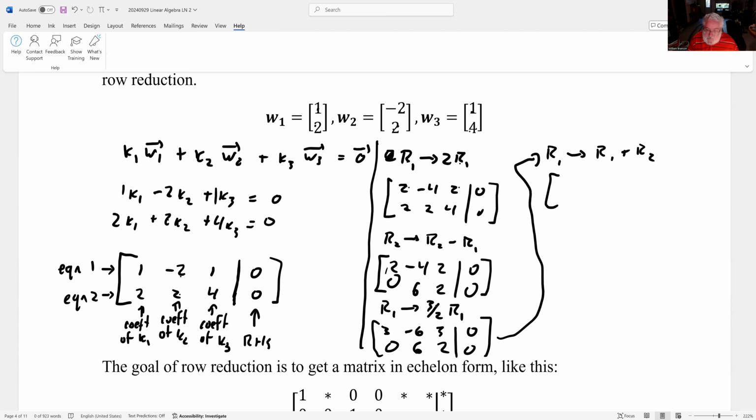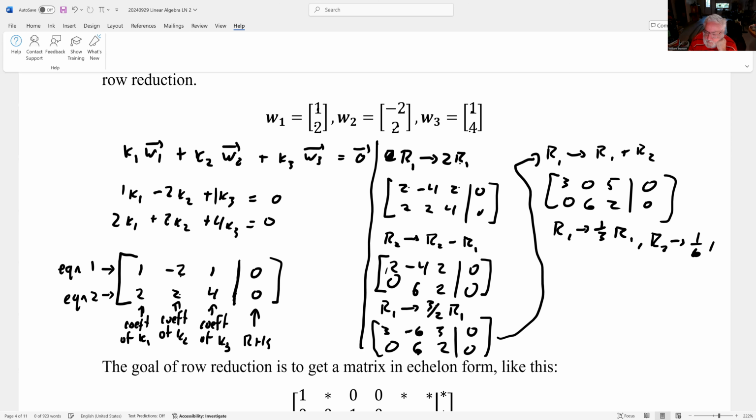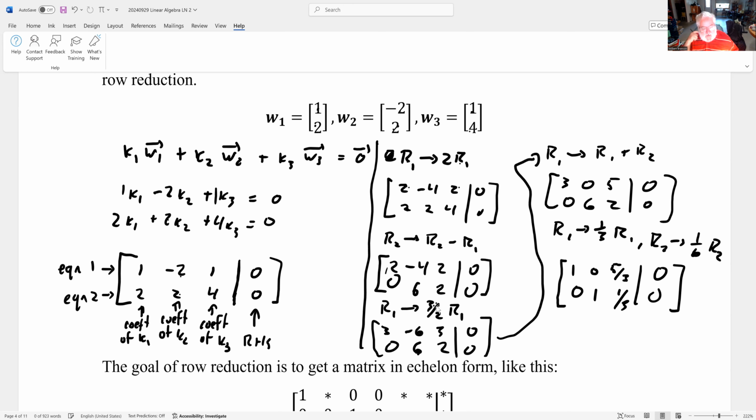So 3 plus 0 is 3, minus 6 plus 6 is 0, 3 plus 2 is 5. We left this alone. And finally, the last step is to simplify everything. We'll take row 1 and divide it by 3, and row 2 and divide it by 6. So that gives me 1, 0, 5/3, 0, 0, 1, 1/3, 0. And so that's our row reduction.